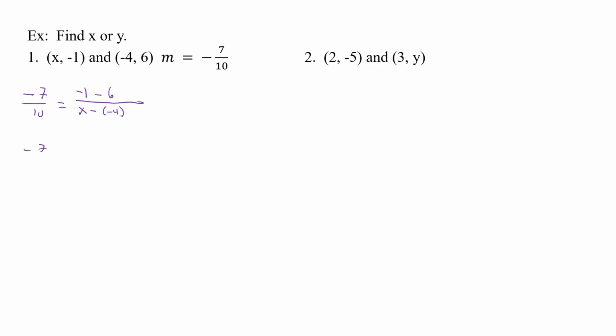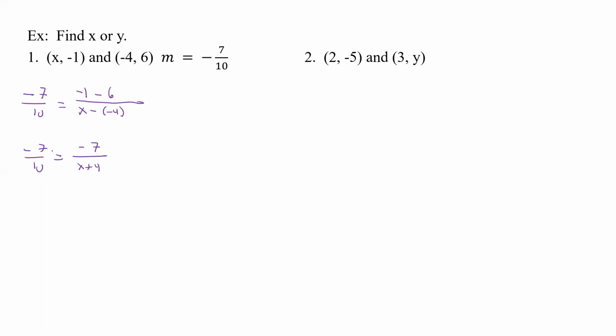So I have a negative 7 over 10 equals minus 1 minus 6 is minus 7. And here I have x minus minus 4, so it's going to be x plus 4. All right, so this is another one where we have equal things in the numerator, so we can just set the denominators to be equal, and we get x is equal to 6, it looks like.